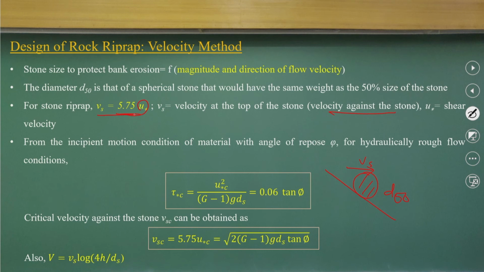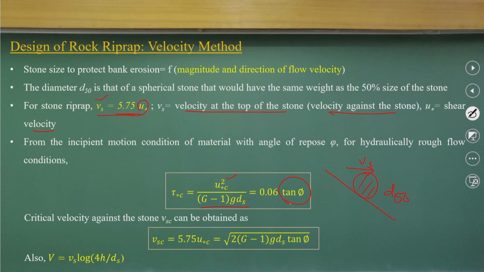It found that for a stone riprap, the velocity at the top of the stones is a simple function of shear velocity. Since it is a function of shear velocity, we know the relationship between the shear velocity and Ds with the tan phi. We know it earlier in terms of critical shear stress numbers.